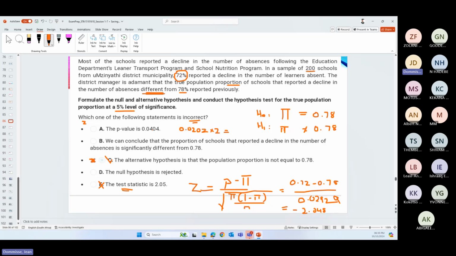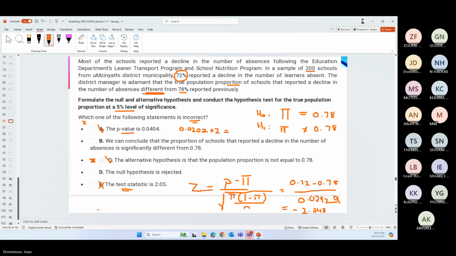So that will give us 0.0404. So the p-value is correct, but the t-stat is the one that is incorrect, because it's negative 2.05 and not positive 2.05.